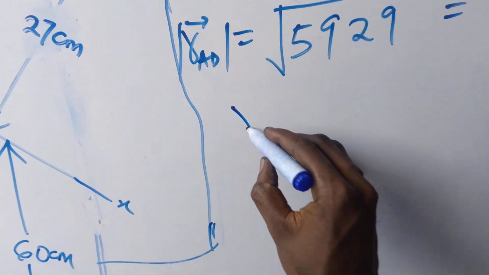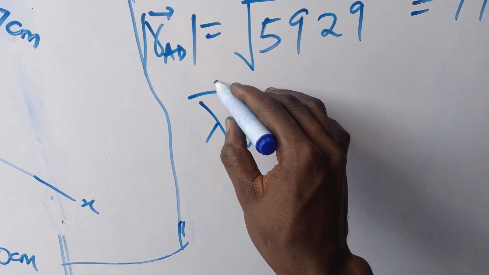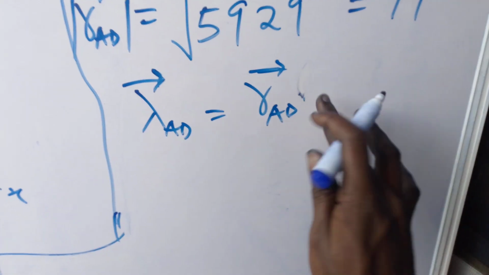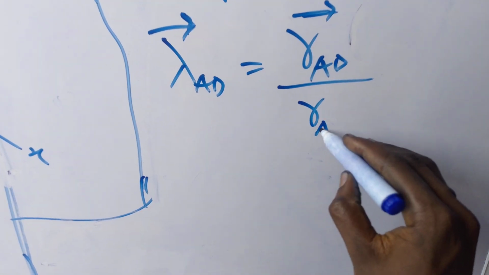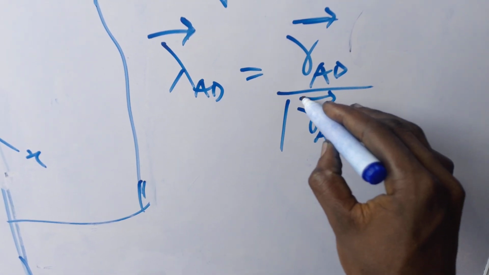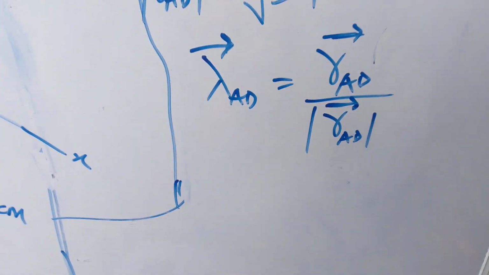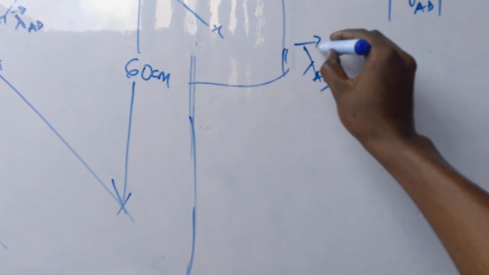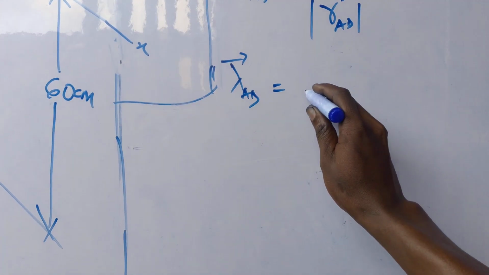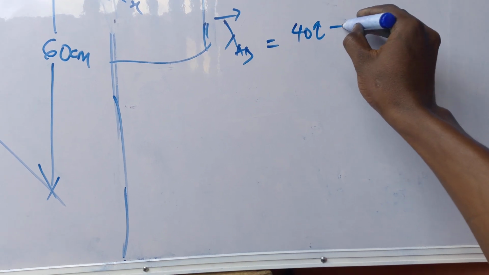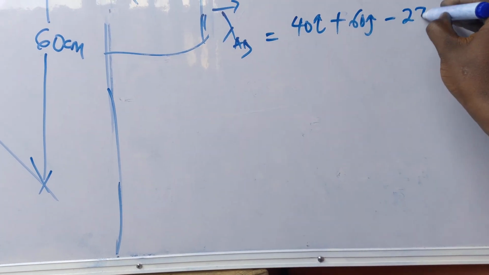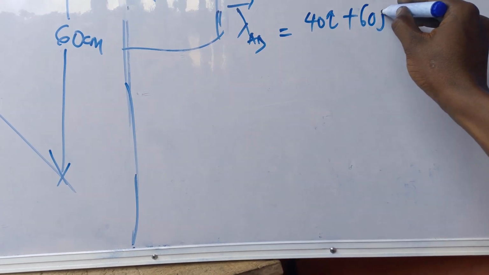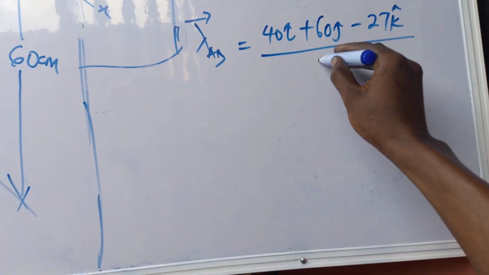Now I find the unit vector lambda AD, which will be equal to the position vector RAD divided by the modulus of the vector. So the unit vector lambda AD is the position vector 40i plus 60j minus 27k, divided by 77.